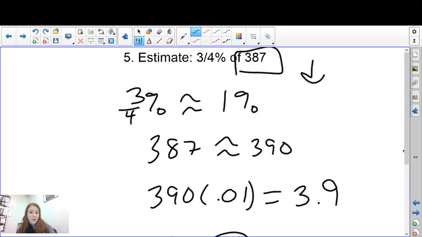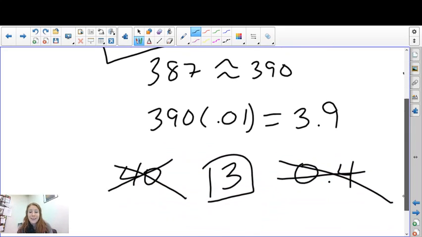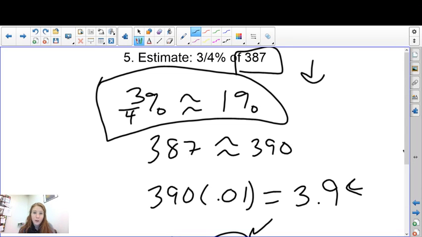Ooh, that was a bad circle. I had to round up. So because I rounded up, the answer that I get should be theoretically bigger than this guy. Wasn't 3.9 a little bit bigger than 3? So that's okay. Answer for number 5 is C, 3.